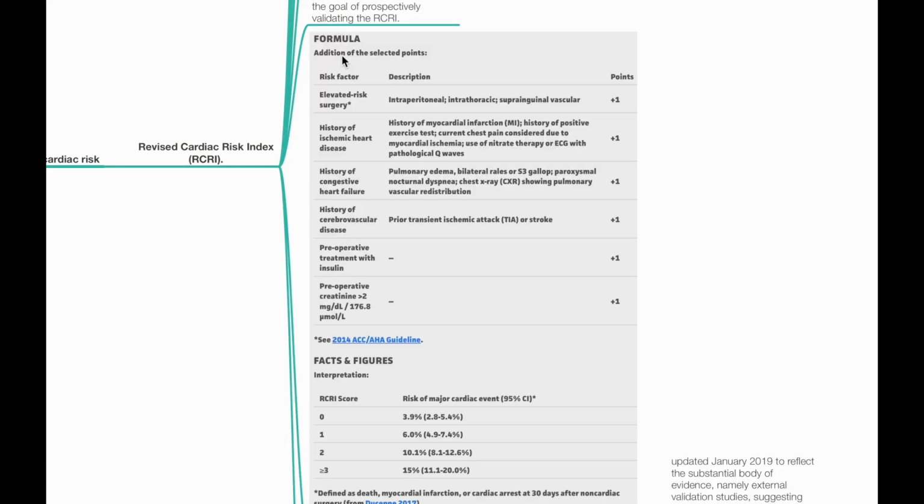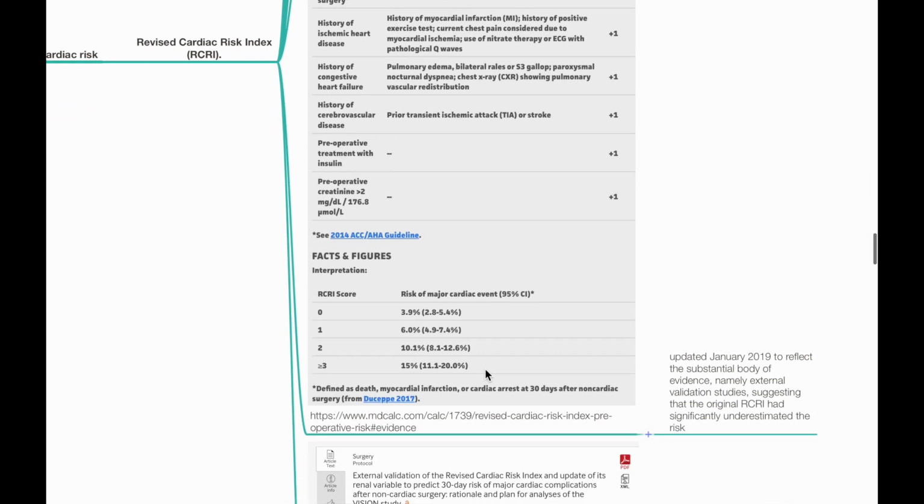The formula to calculate RCRI includes addition of the selected points: elevated risk surgery, which includes intraperitoneal, intrathoracic, or suprainguinal vascular surgery, history of ischemic heart disease, history of congestive heart failure, history of cerebrovascular disease, pre-op treatment with insulin, and pre-op creatinine of more than 176.8 micromole per liter, with 1 point assigned for each risk factor.